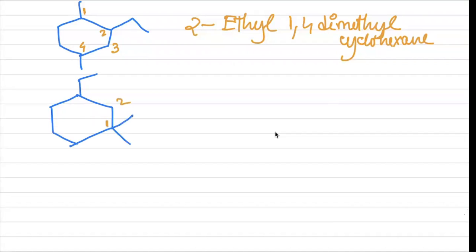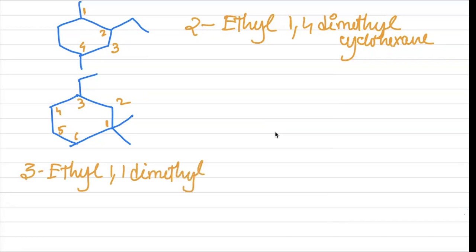So 1, 2, 3, 4, 5, 6. So the name will be 3-ethyl-1,1-dimethylcyclohexane. Clear? 3-ethyl-1,1-dimethylcyclohexane.